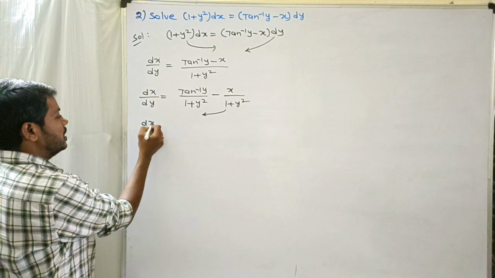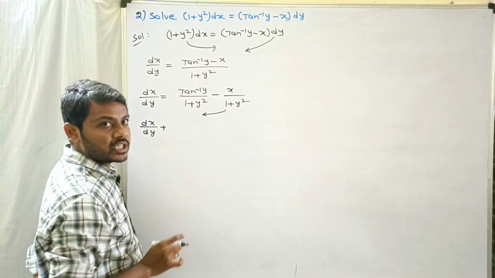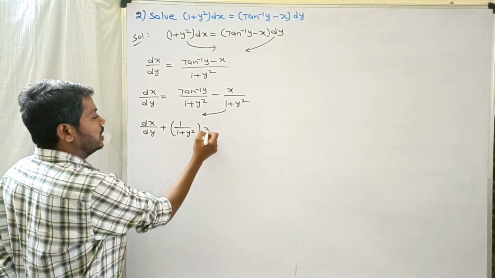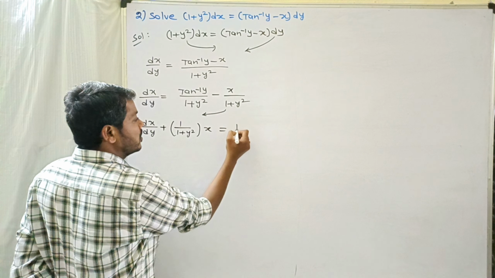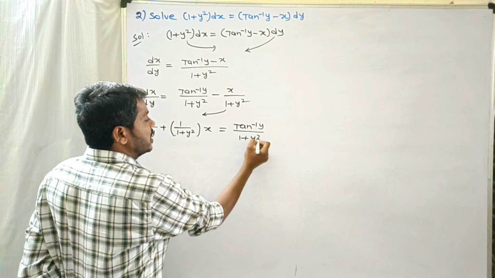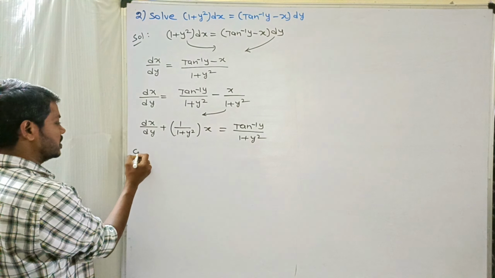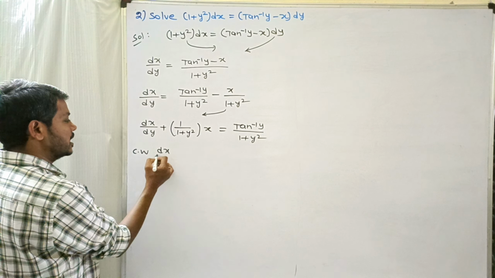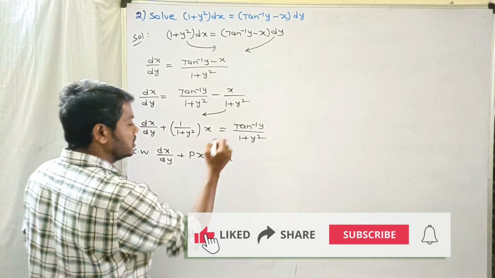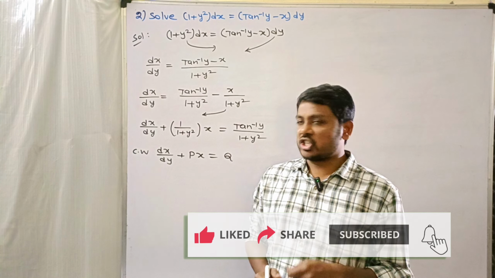That is dx/dy + x/(1 + y²), written as 1/(1 + y²) times x, equals tan⁻¹y/(1 + y²). Clearly, this is of the form, comparing with dx/dy + Px = Q, which is a linear differential equation of first order.